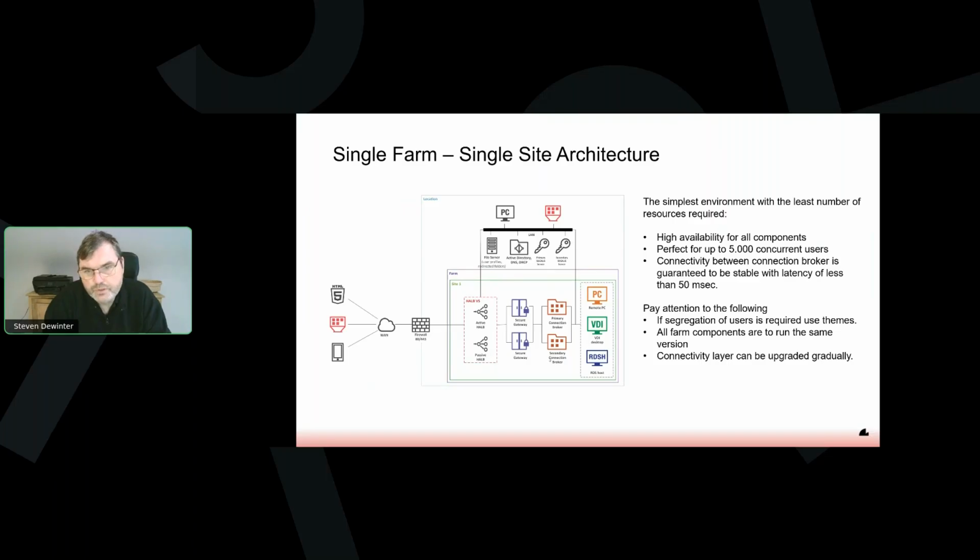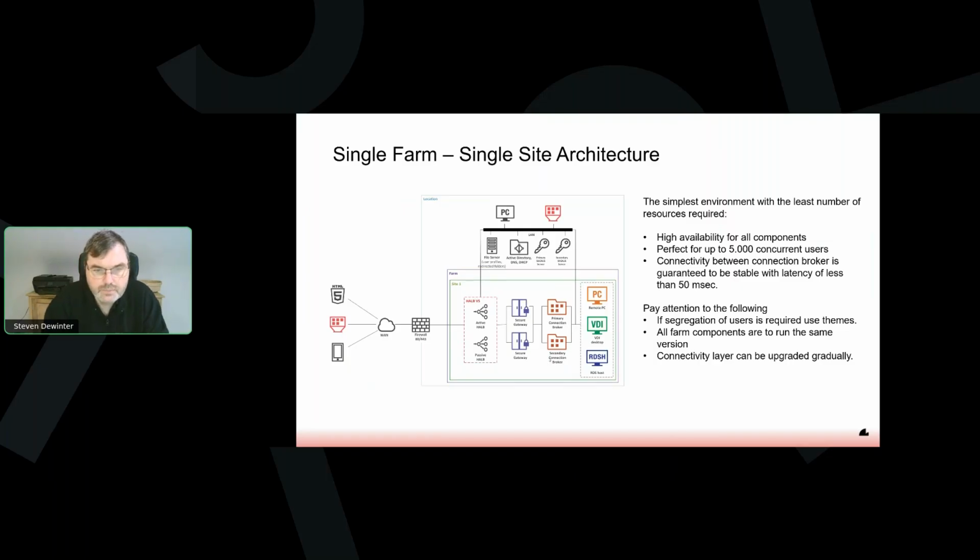Another important thing in a single site is that the connectivity between the connection broker and the other components is fairly fast. What do we mean by fairly fast? That we see a latency of less than 50 milliseconds. If you have 2 data centers that are well connected, then typically that interconnection is less than 50 milliseconds. That's fine.